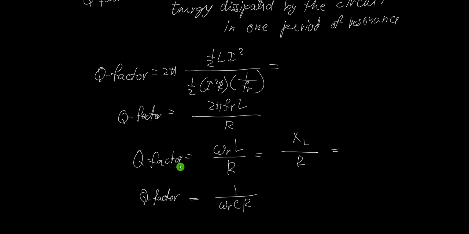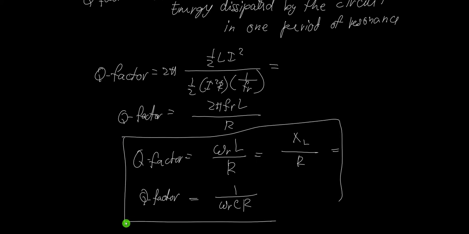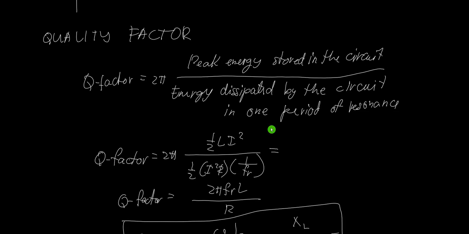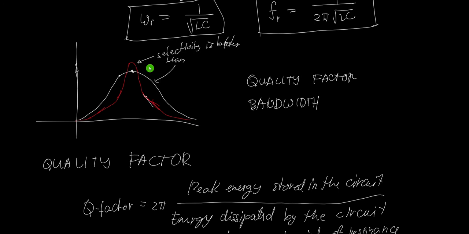And the other parameter that describes the selectivity of our frequency response is what we call the bandwidth. The bandwidth is actually here. It's when you have the current at half power.